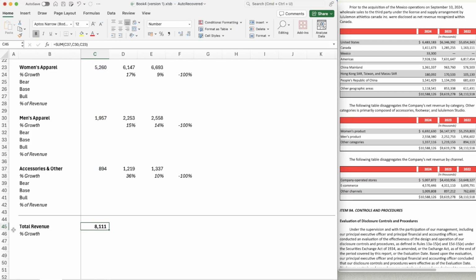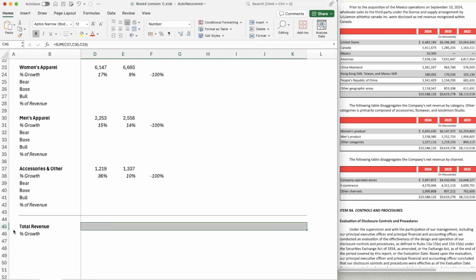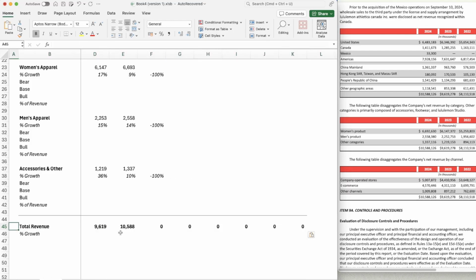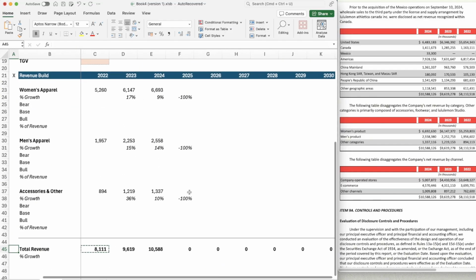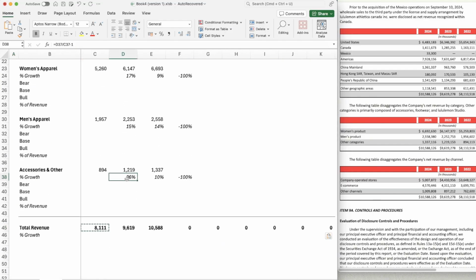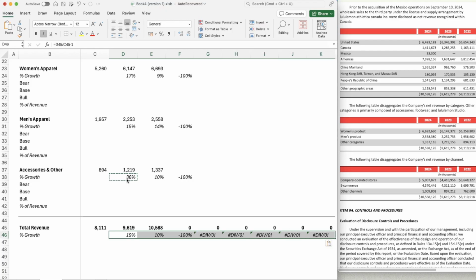And do we have that right? Yeah, it's just over 8 billion a year. We copy it all the way along. Yeah, all good. And again, don't worry about these errors down here, because once we start filling in the rest, they will automatically clear. It's just that there's nothing there at the moment.